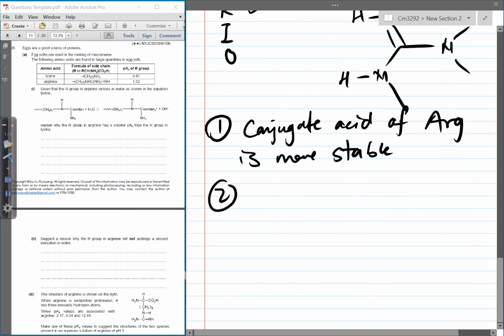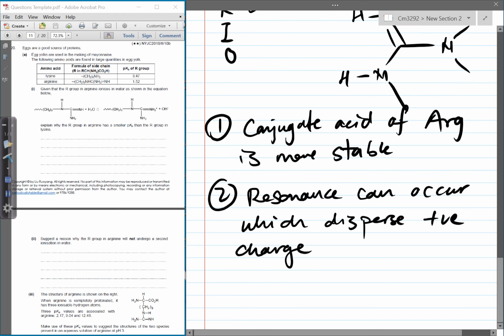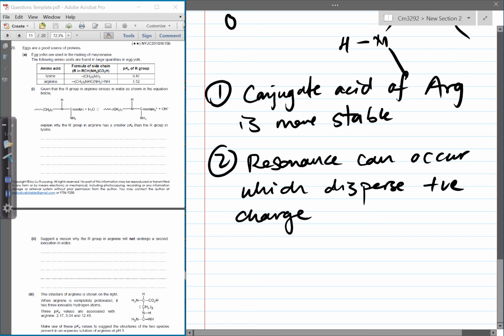It's because resonance can occur, which disperses the positive charge. So therefore arginine is more basic.